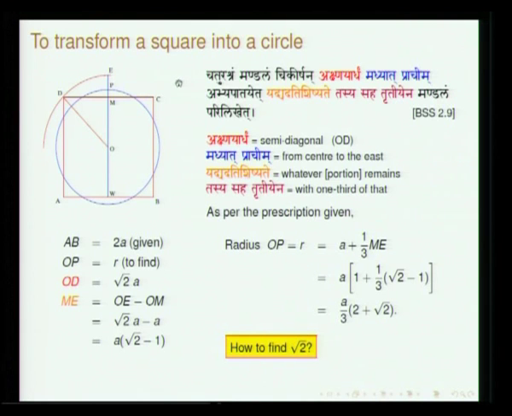The sutra goes like this: akshnayardham is half of the diagonal, which is OD. It says prachim abhyapatayet, so you just take it to this line. You can think of it to be OE now. I have rotated it and brought it there.